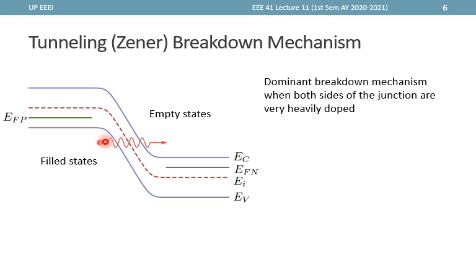Now, since we know that there are a lot of electrons in the valence band, once there is some considerable percentage that can go through this potential barrier and tunnel, there are actually a lot of electrons that can already tunnel.